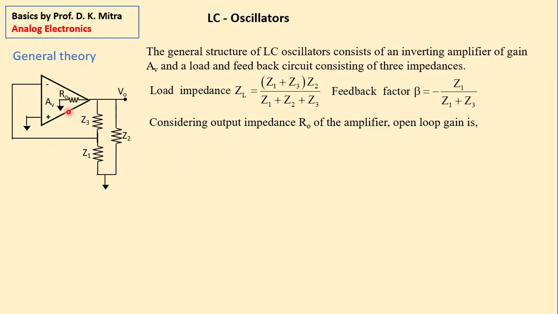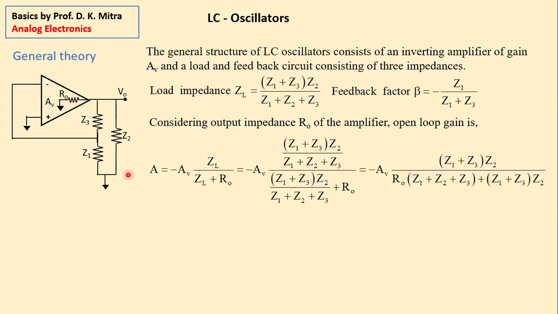Now, consider this RO, the output impedance of the open loop amplifier. Then what is the loop gain? Loop gain is represented by A. The gain from here to here is AV.